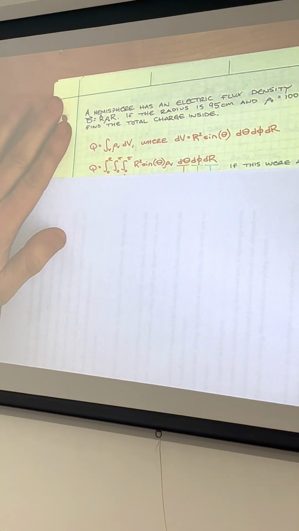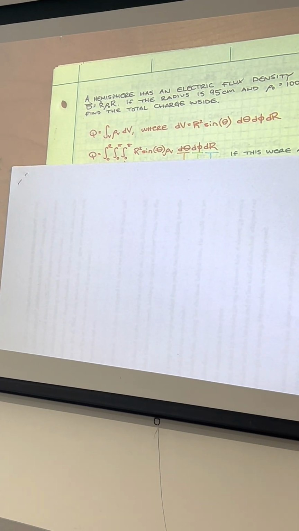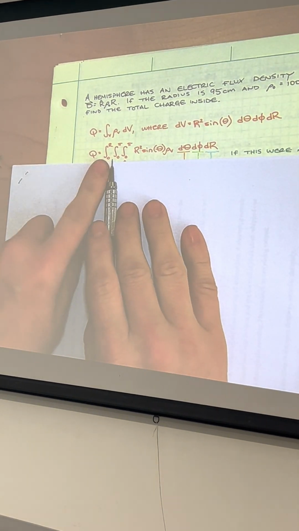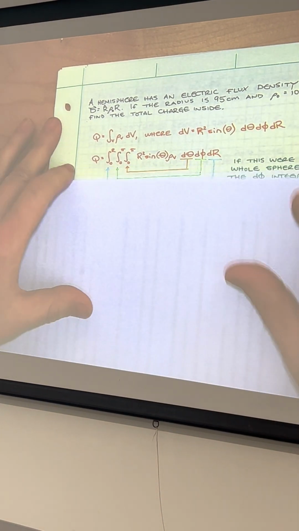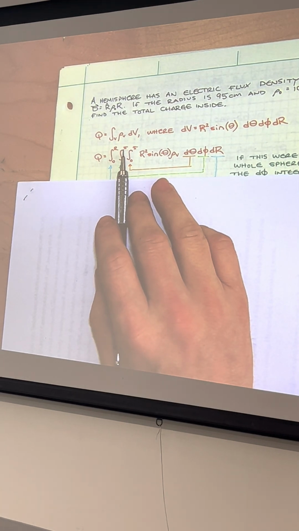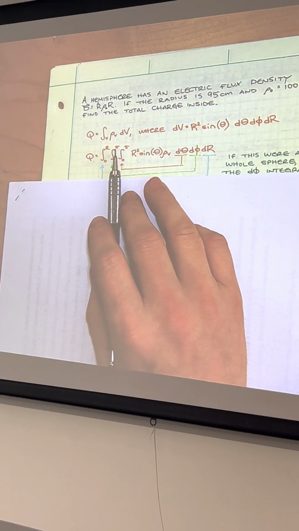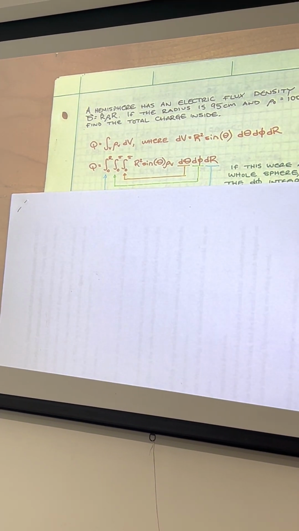So, doing a triple integral on a hemisphere. Our integral looks like this. So we have Q, and I did R up here for R, and I worked inwards, right? And if this was a whole sphere, then this middle one would be 2 pi, right? But we're only going to go halfway, so it's only 1 pi.